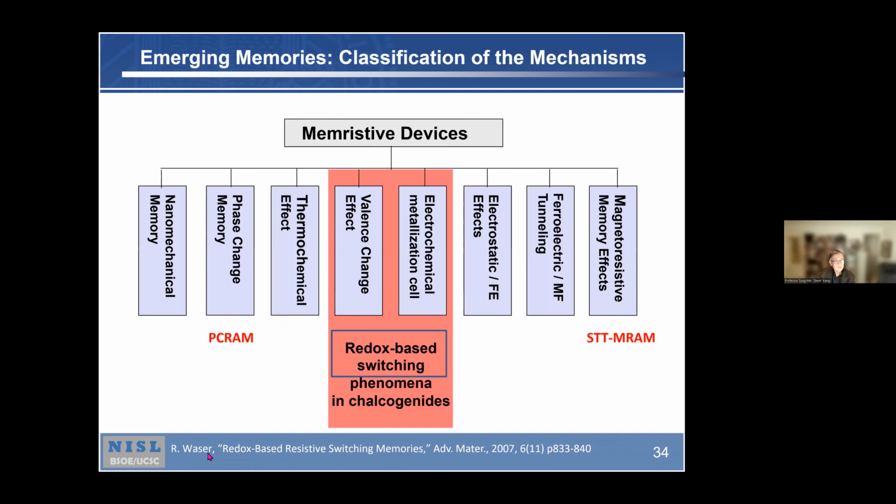Then Rainer Waser in Germany published a paper called the classification of memristive devices. He shows the redox-based switching phenomena device in a red area, but all the other devices, nanomechanical memory, phase change memory, thermochemical effect, ferroelectric tunneling, magnetoresistive memory effect, he termed them all memristive in nature.